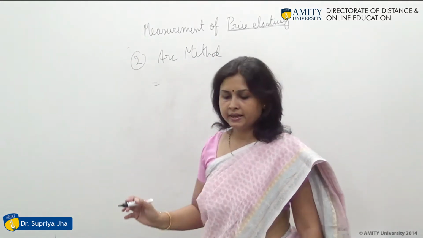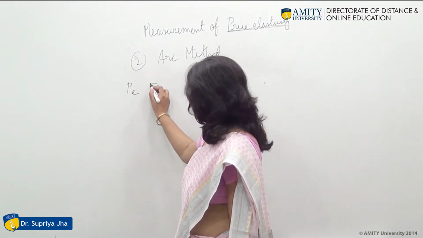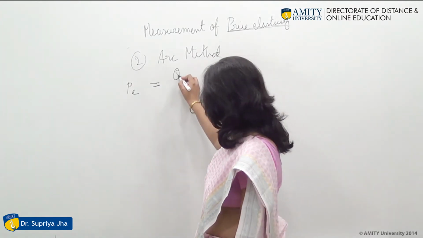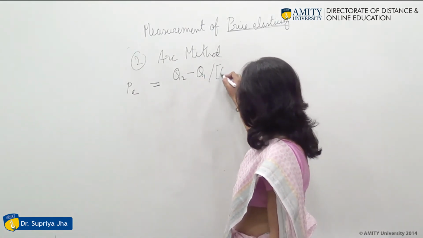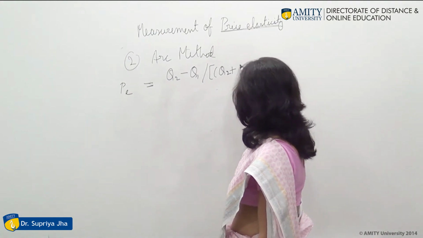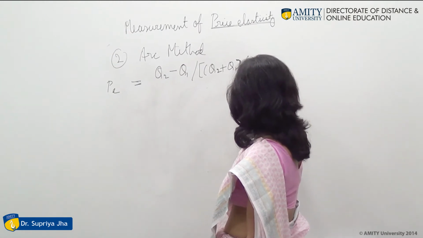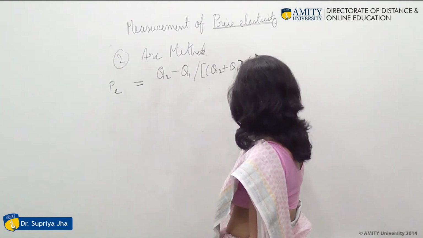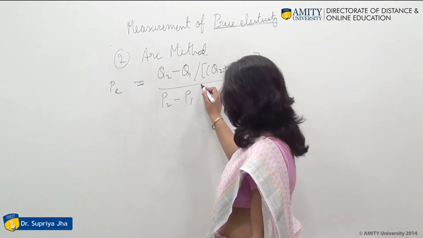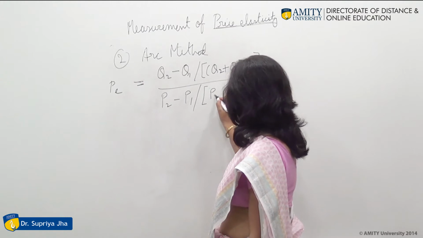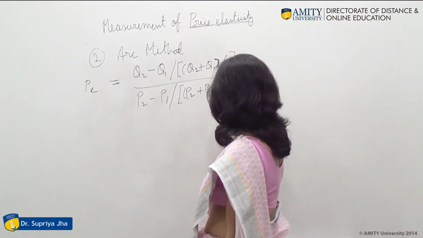In this method, we take the formula, which is EP is equal to (Q2 minus Q1) divided by (Q2 plus Q1) upon 2, divided by (P2 minus P1) upon (P2 plus P1) by 2.